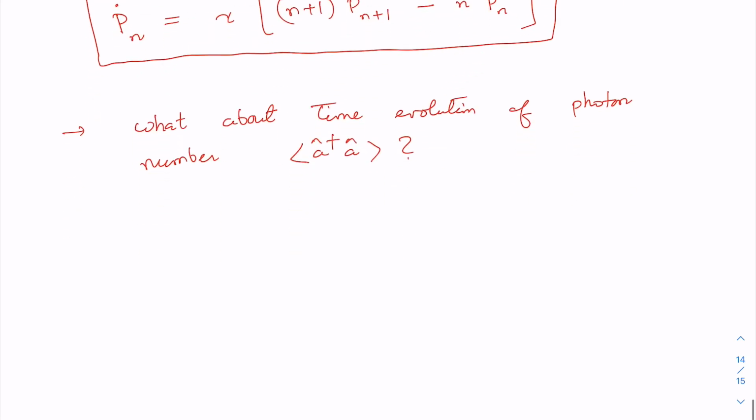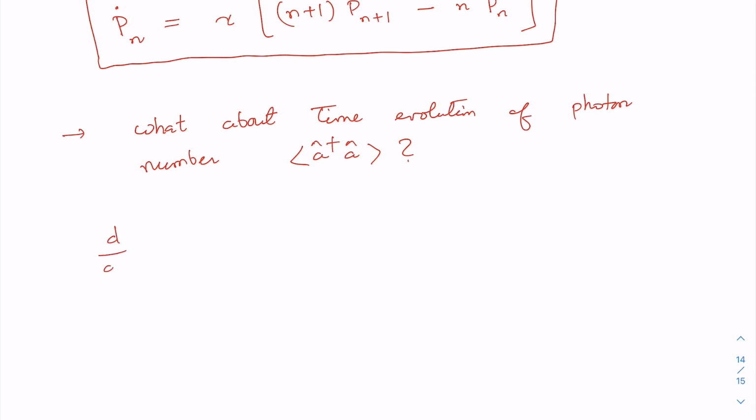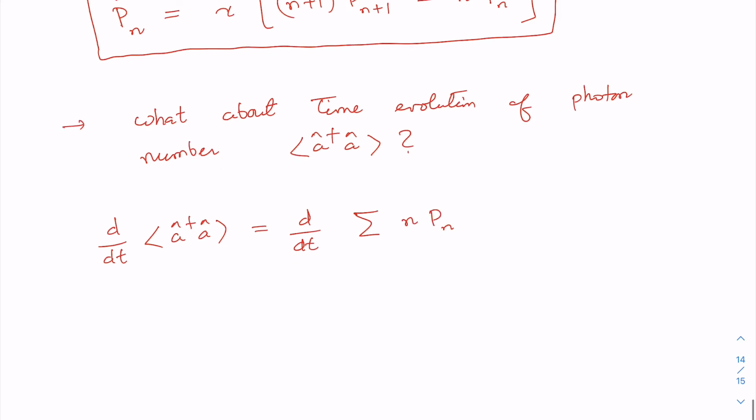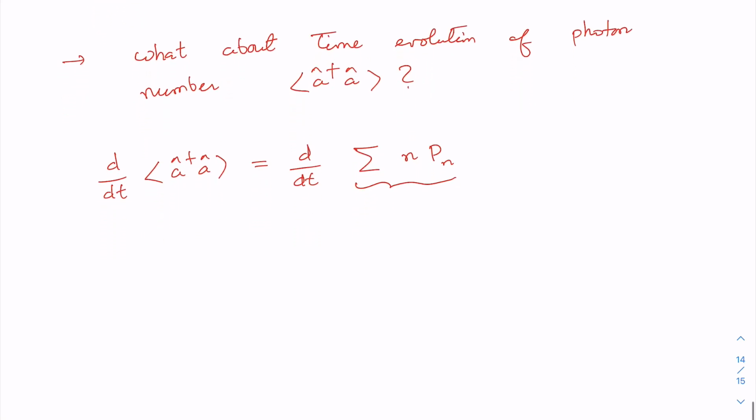So this we can work out easily, because we know that d of dt of the expectation value of a dagger a, which we can write as d of dt of the sum of n into Pn. This is the probability. So this is the expectation value of the photon number, which we can write as simply the sum with n going from 0 to infinity, n Pn dot.